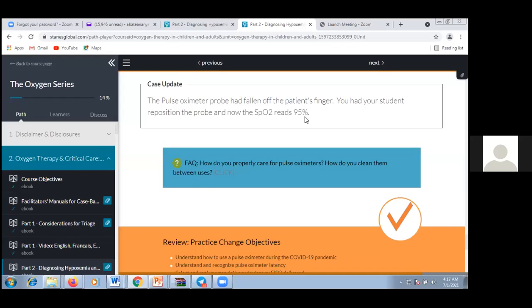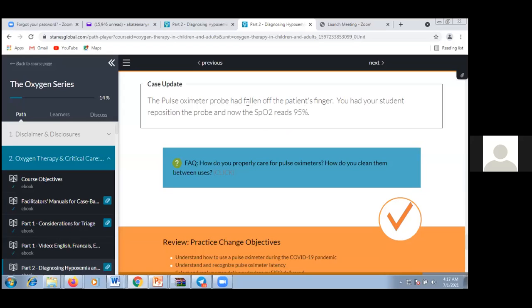That's why it was not reading accurately and was not detecting the pulse, okay? So most of you have guessed that it was not an appropriate reading.